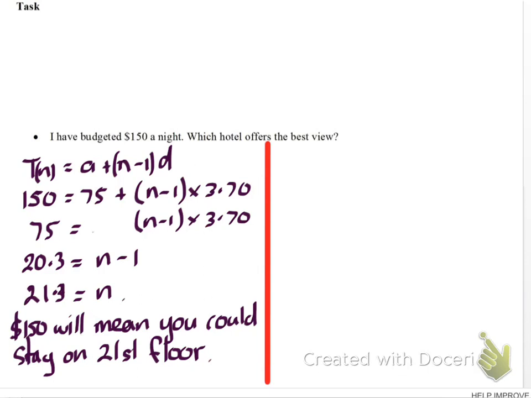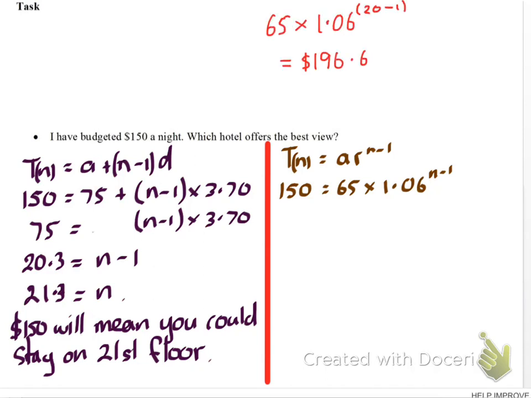What about Hillview? Well, let's have a look at the formula. We know that 150 is 65 times 1.06 to the n minus 1. Now we haven't done logarithms, so we can do this in a different way. We know that the 21st floor can get you onto Mountain View. What about the 20th floor here?